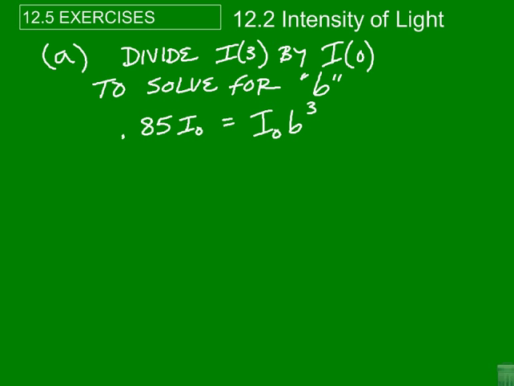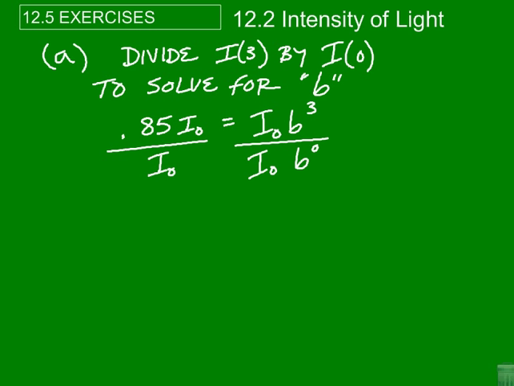So I'm going to take the 85% I0 equals I0 b to the 3. That's plugging in 3 for the d there, and that's a known value here. Then I'm going to divide that by the initial value, which equals I0 b to the 0.